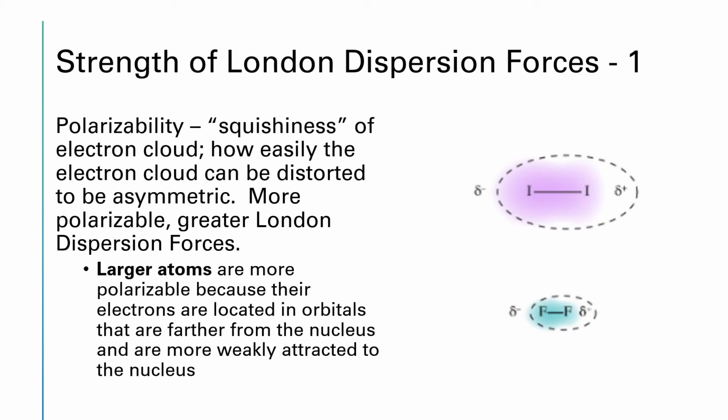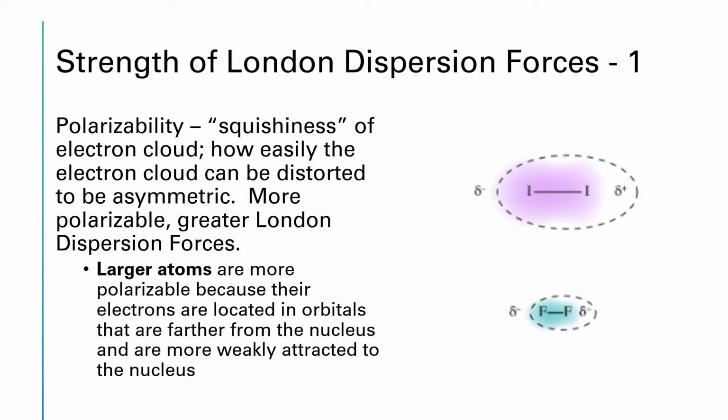If it's really easy to push the electrons around and slide them over to one end of the molecule away from the opposite end, then it's a very polarizable molecule. So it's just how easily can we distort the electron cloud of the entire molecule to make that electron distribution asymmetric. The more polarizable, or the easier it is to do this, the stronger the London dispersion forces.